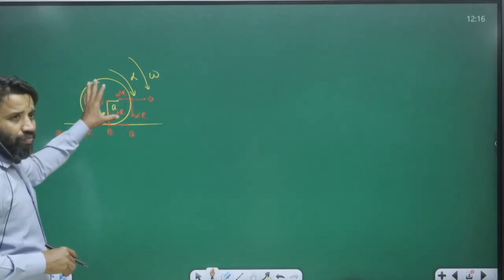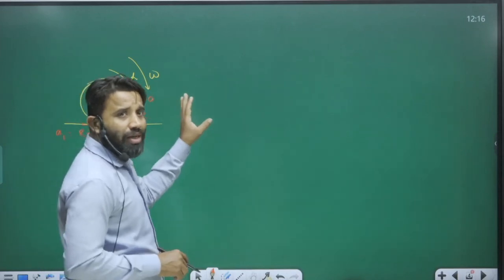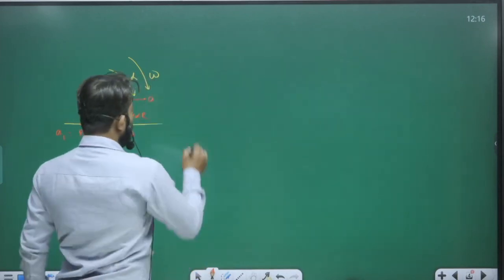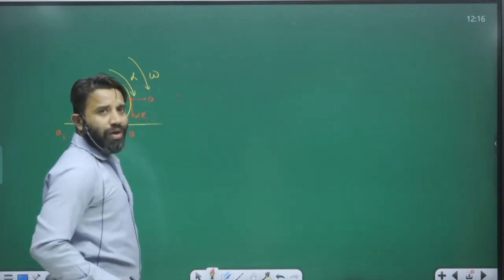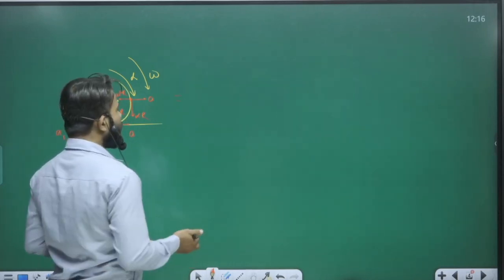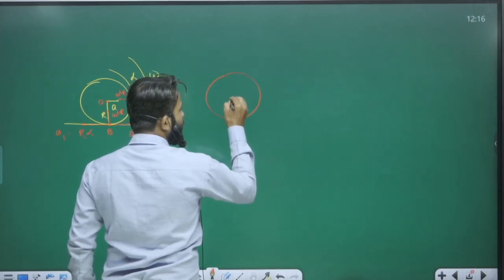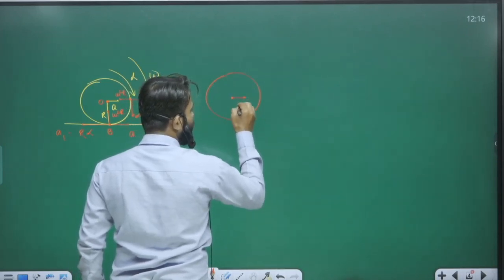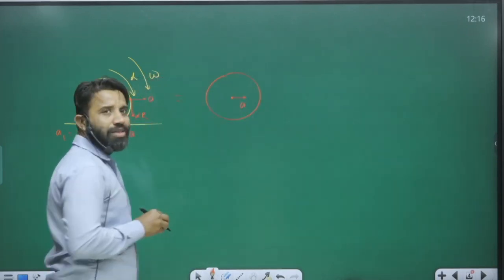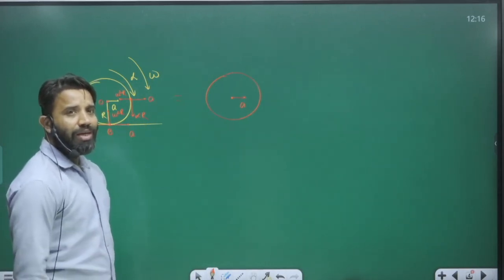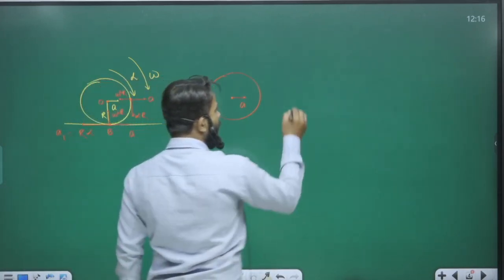So again, if you want to find the acceleration of all the points, you can convert this diagram into two parts, one in which the body is only translating, that is its center of mass has acceleration a in the forward direction.